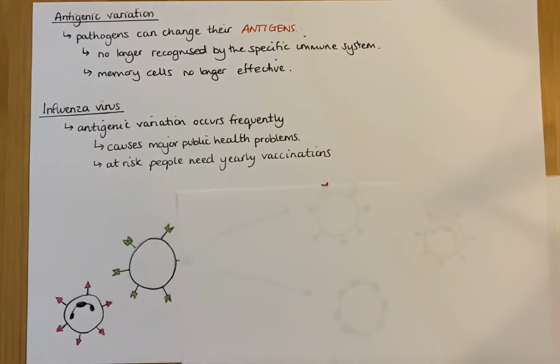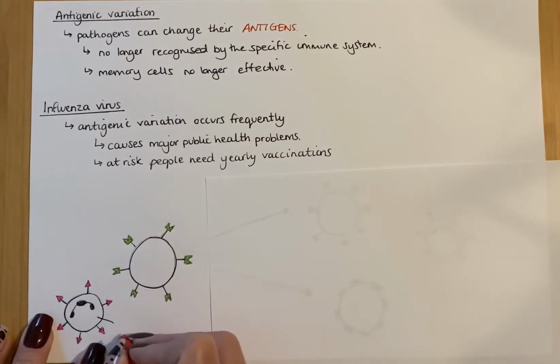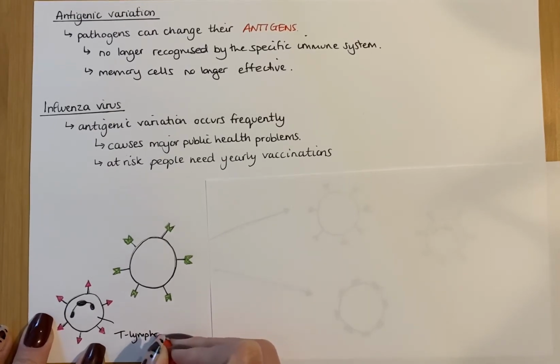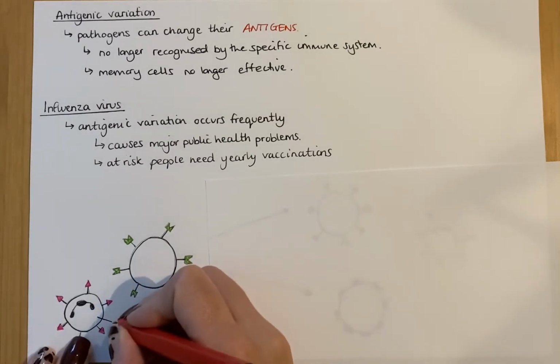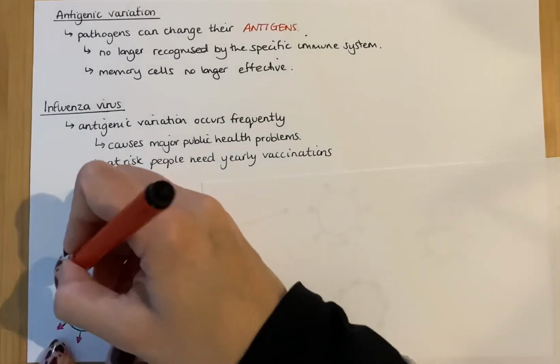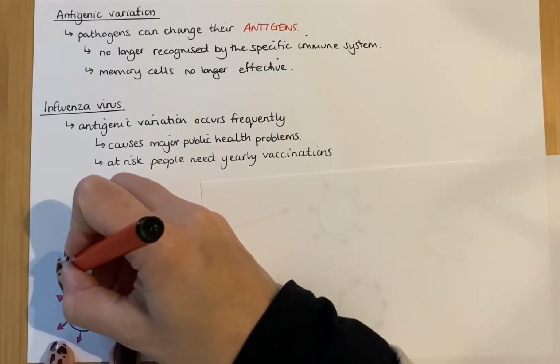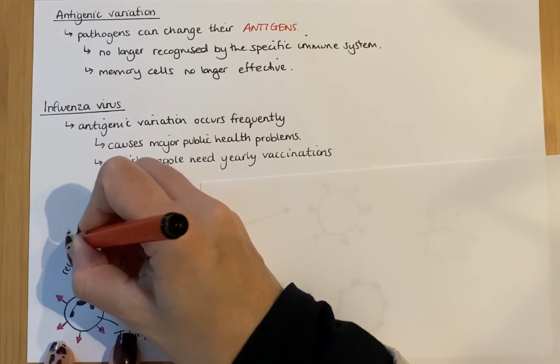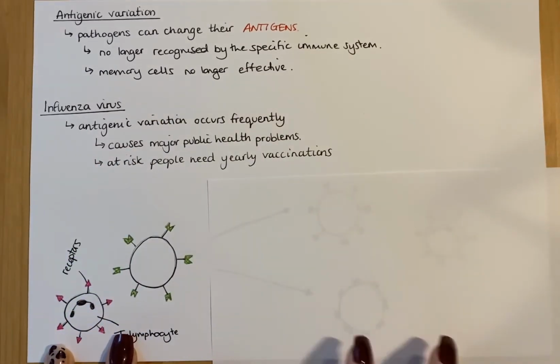Okay, so what I've got here is a little diagram. So this here is a T lymphocyte. Okay, it could be a B lymphocyte, it doesn't really matter. It's basically just a specific white blood cell. And these pink ones on the outside are receptors. Now remember, receptors are specific to a specific antigen on a pathogen.